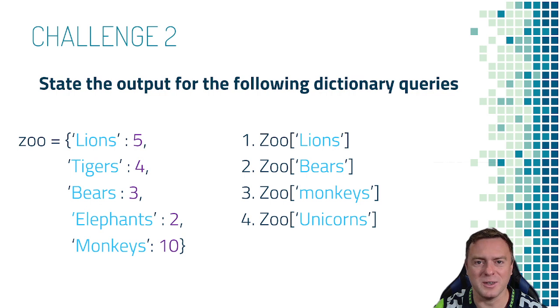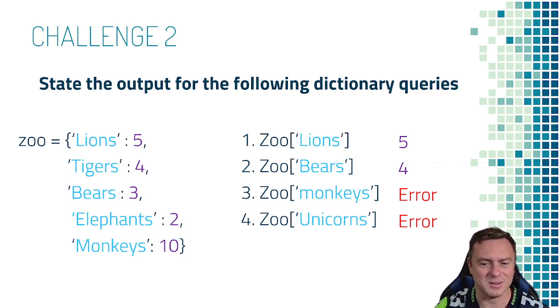What you should have worked out is that zoo lions gives you back a 5. Bears would have given, oh sorry, that should be a 3. That's my bad. Zoo monkeys actually gives you an error because it's not using the same correct text. See how it's got a lowercase m instead of the uppercase M. Then unicorns will also give you an error. Sorry, the bears should have been 3.